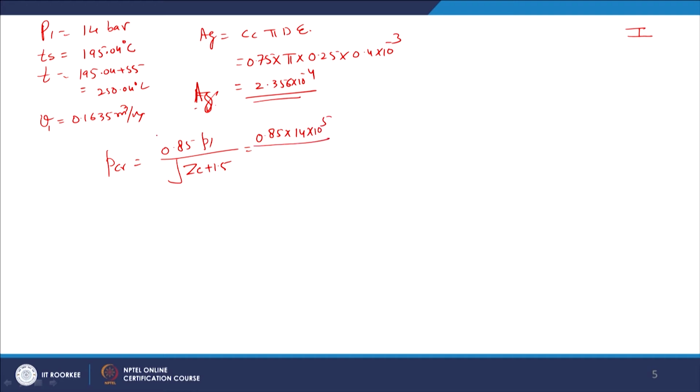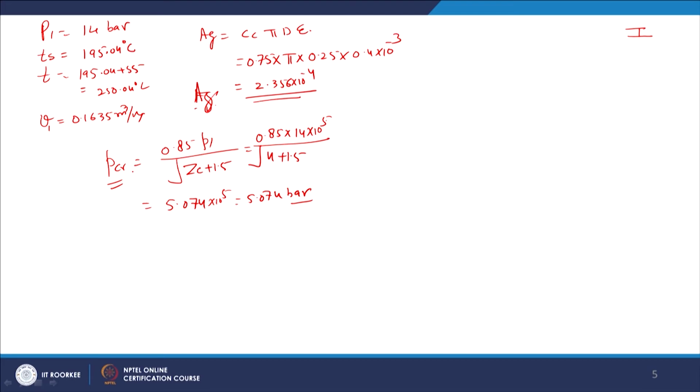We may not, because then we will be getting values in Pascal. Otherwise, if we remove this, then we will be getting values in bar. So, under root 4 plus 1.5, and that is going to be equal to 5.074 into 10 to power 5 Pascal or 5.074 bar. That is the critical pressure.